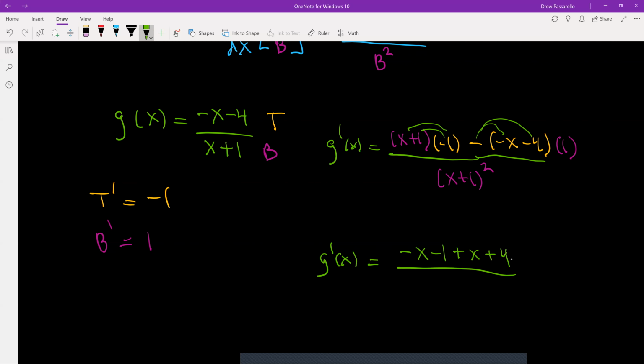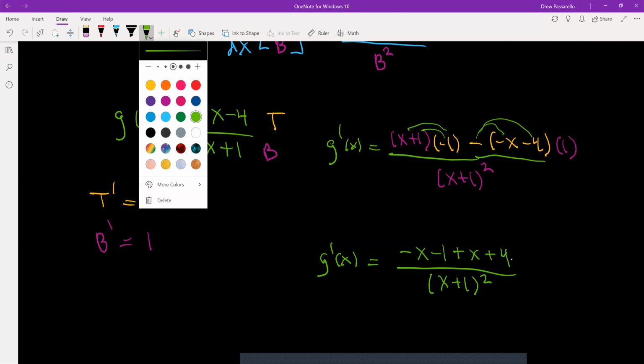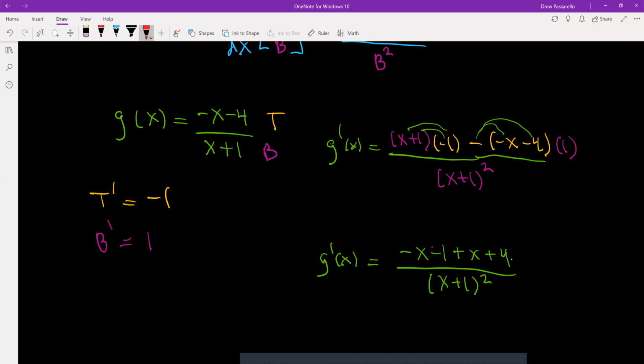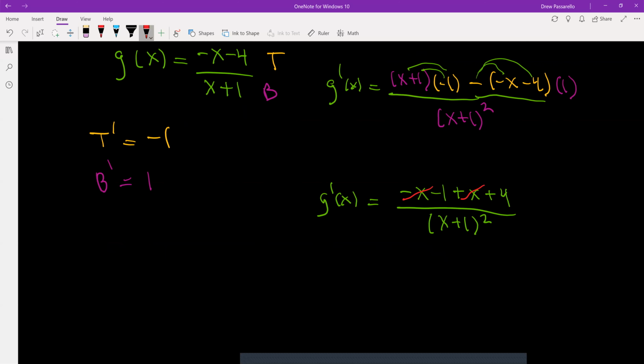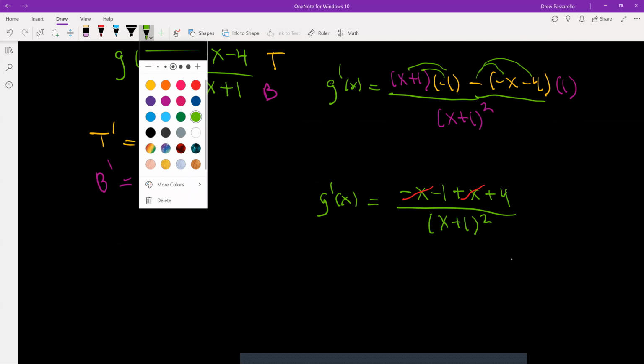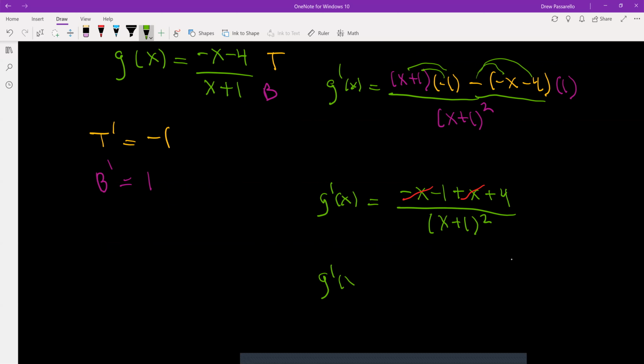All of that over x plus 1 squared. So I can cancel out negative x with x and then add negative 1 plus 4 to get 3. And then it's 3 over x plus 1 squared, and that's going to be the derivative.